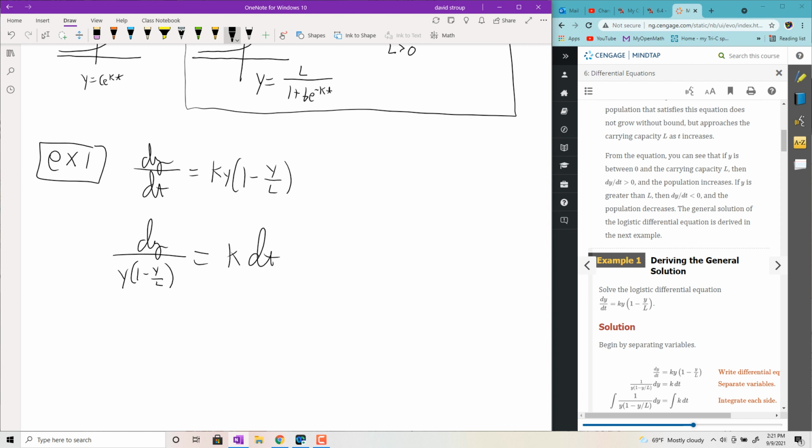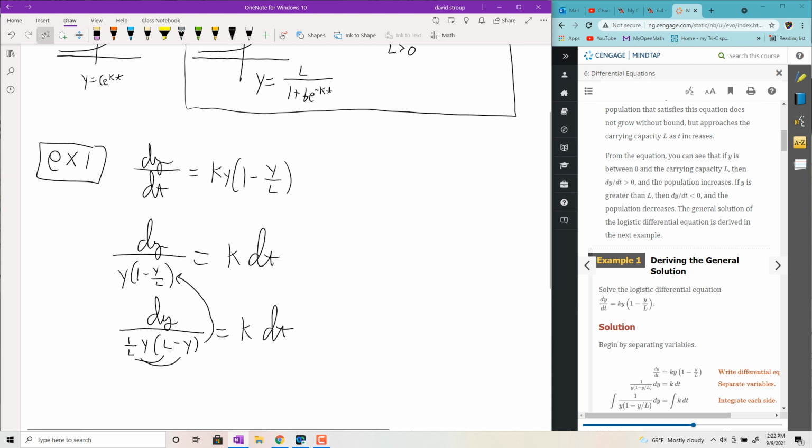I'm going to rewrite this left side in the denominator by factoring out a 1 over L from the 1 minus y over L term. So I get 1 over L times y times L minus y. Okay? And that'll equal k dt. And you can see if you redistributed the 1 over L into this, you end up back where you started.